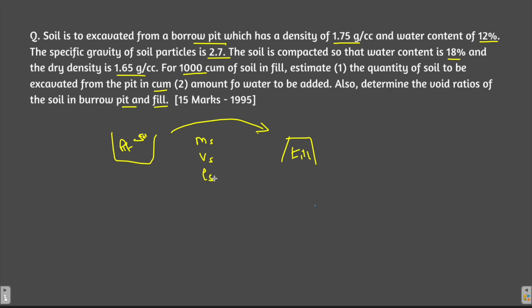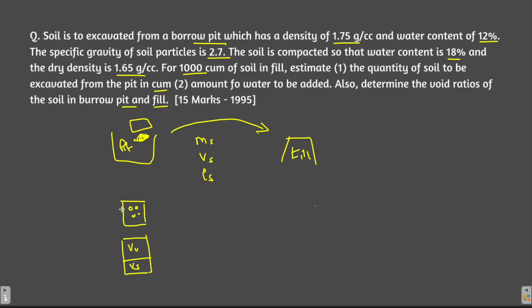This will remain constant. If you extract soil from here, the soil will get loosened up. When it becomes loose, the amount of voids in it will increase. Suppose this was the condition of the soil initially. This is a very important concept. This was the volume of solids and this was the volume of voids.